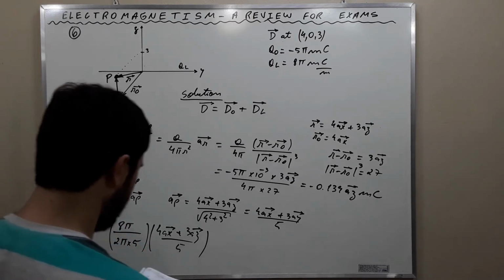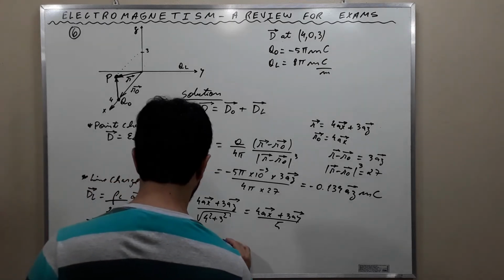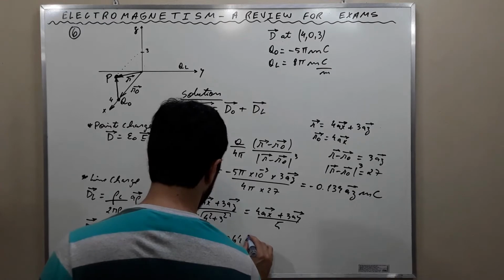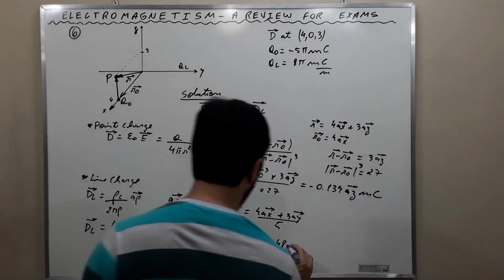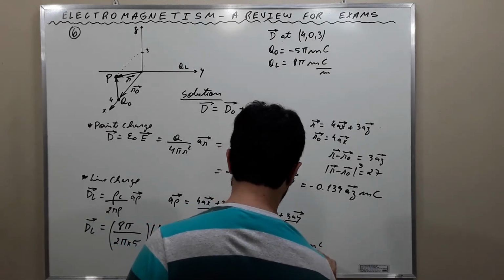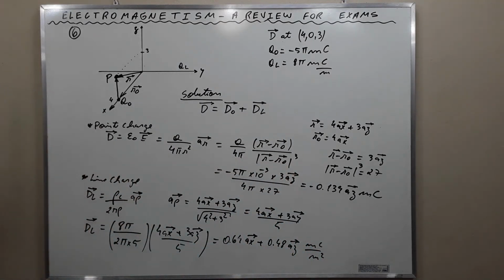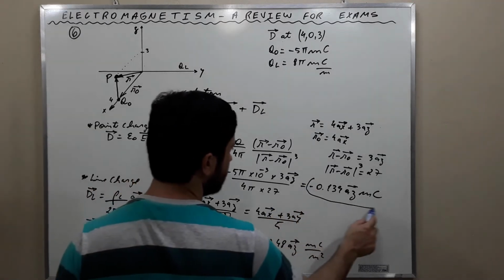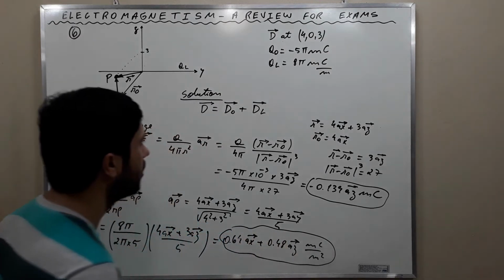Okay? And this is 0.64 in the ax direction plus 0.48 in the az direction microcoulombs per meter squared. Okay? Then we need to sum this with this. Alright?